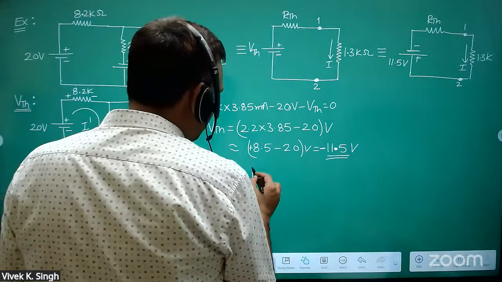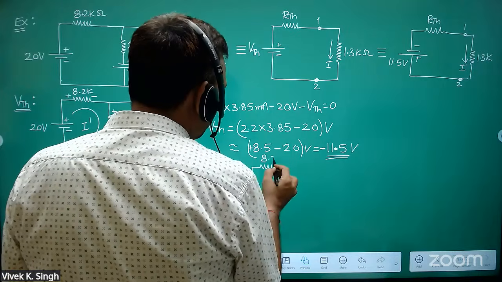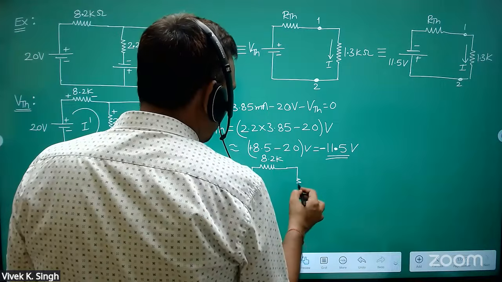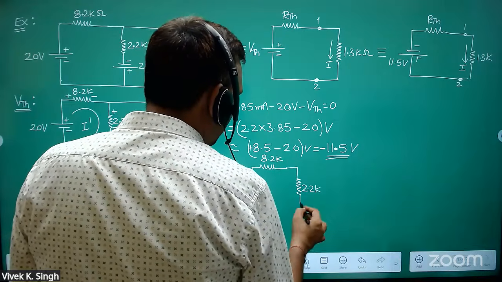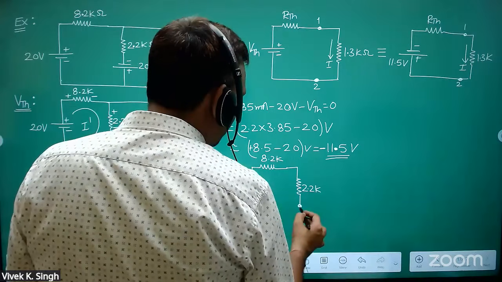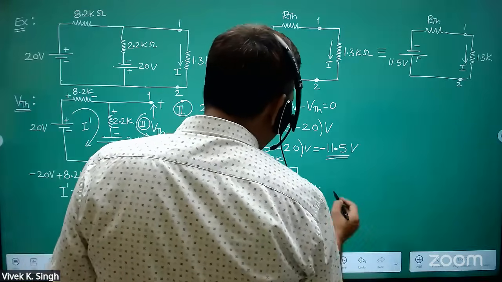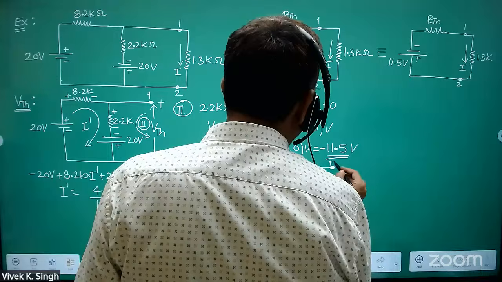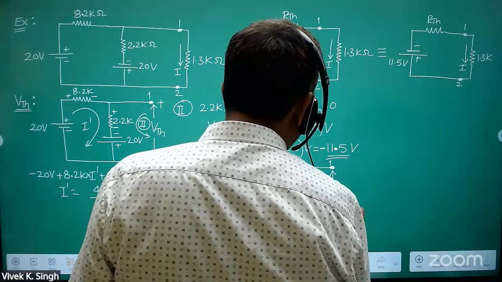So this is 8.2 kilo ohm. This will be 2.2 kilo ohm. Now this will also be short circuited. Voltage sources will be short circuited. Now you have to measure the equivalent resistance between points 1 and 2. So what will be RTH?